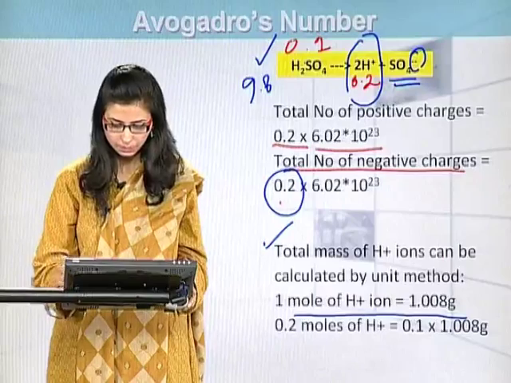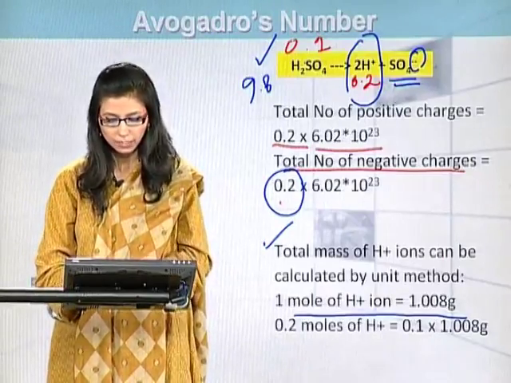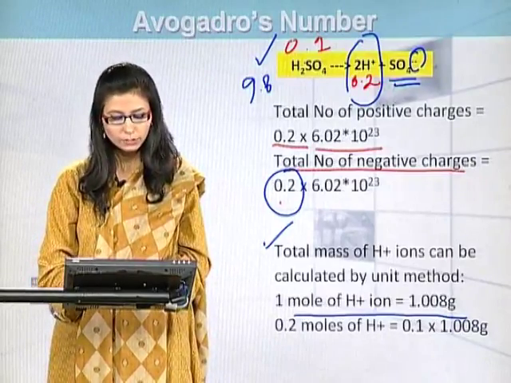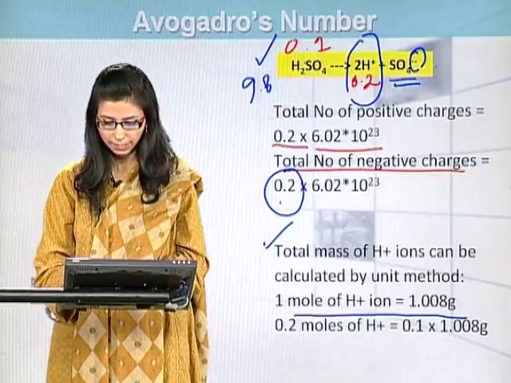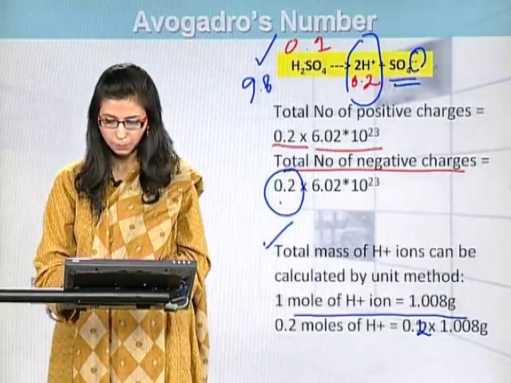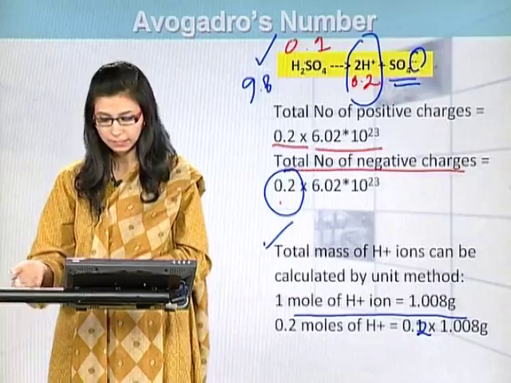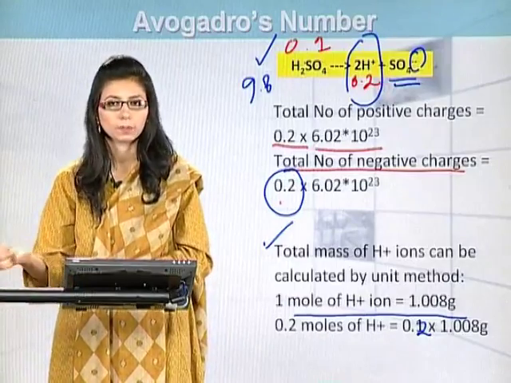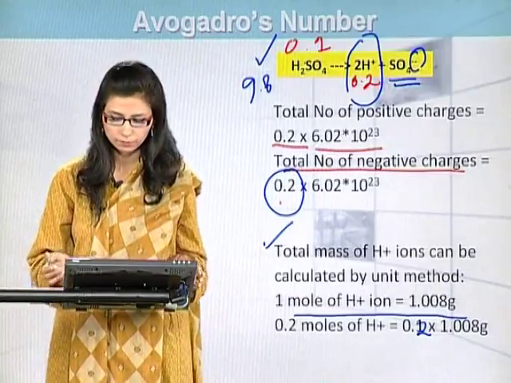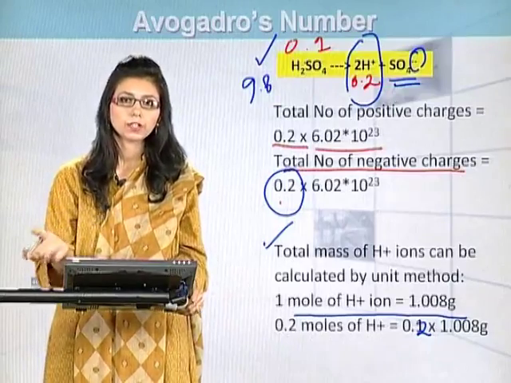So I'll simply 0.2 moles, ये unit method लगाया गया है कि अगर एक mole H positive ion का mass 1.008 grams है, तो 0.2 moles में कितना होगा? Simply write it will be 0.2 into 1.008, इसका जो formula mass है 1.008, इसको multiply कर दें, you will get the total mass of H positive ions produced in this reaction. Follow this interpretation and you can measure the mass of sulfate ion as well.